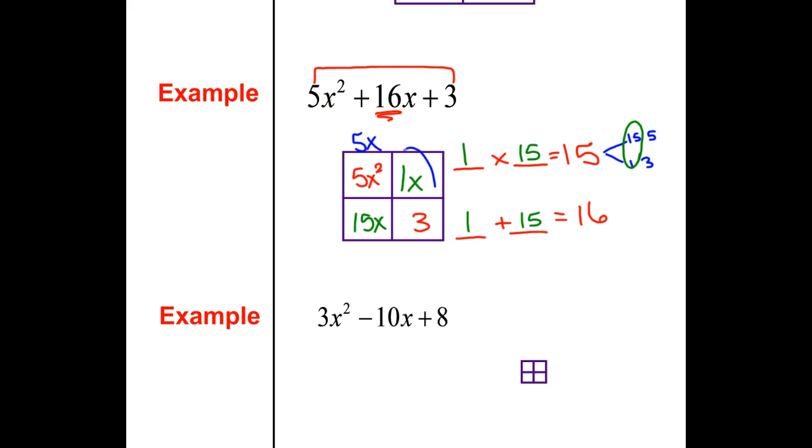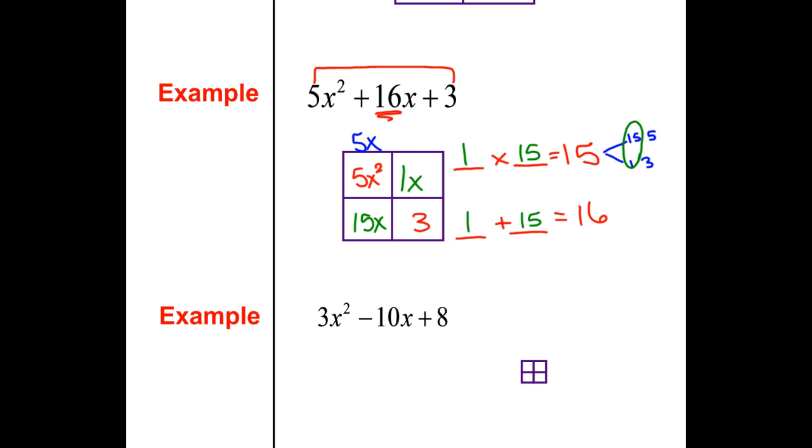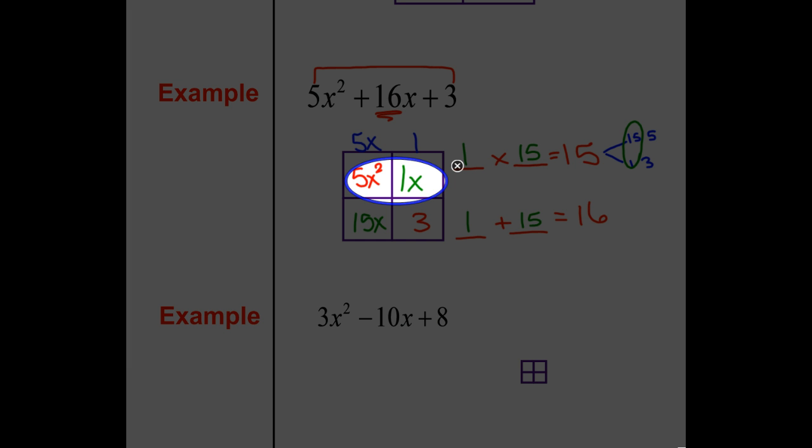Now I'm going to try that again, and I'm going to look at 1x and 3. Well, the greatest common factor there is 1. I don't have anything in common there besides 1. The lowest you can ever go is 1 as your greatest common factor. Now I'm going to look horizontally, so 5x squared and 1x.